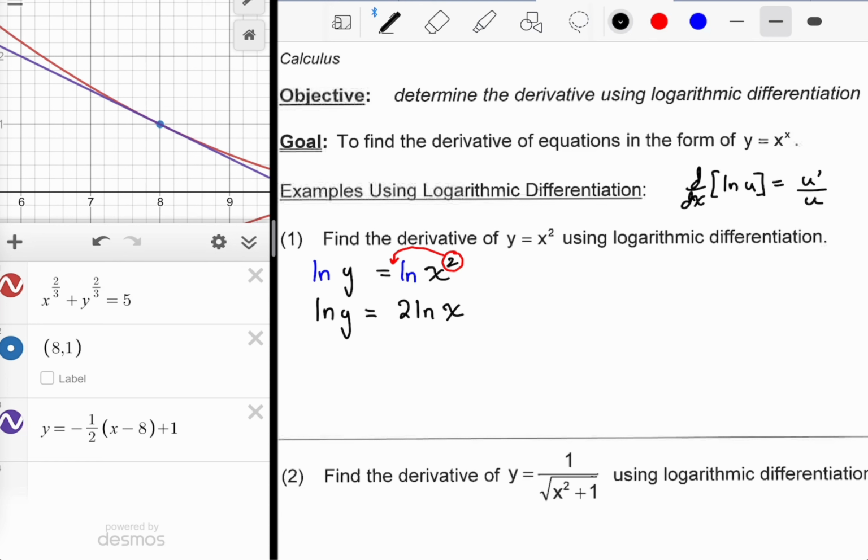So when we are looking for the derivative of the natural log of y, we could call that y prime over y. When we're looking for the derivative of the natural log of x, because 2 is just a constant multiplier, it comes along for the ride, that's going to be x prime over x.